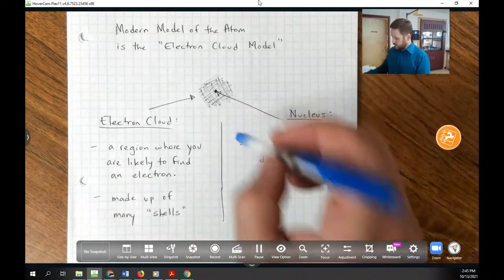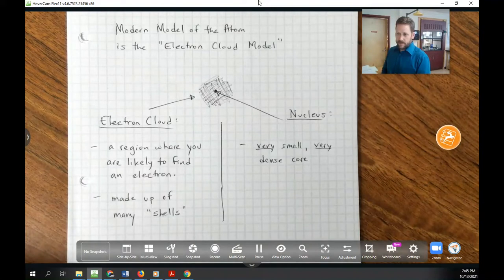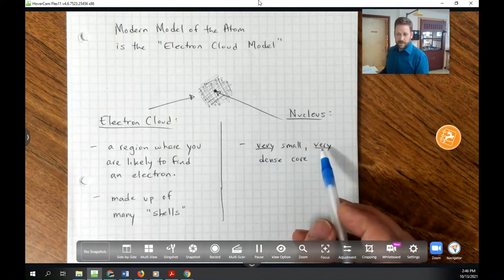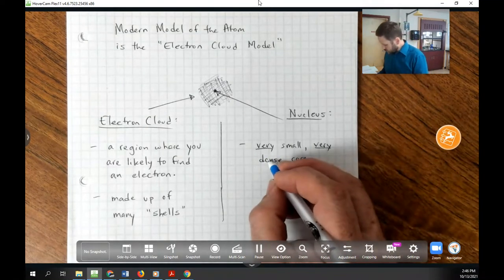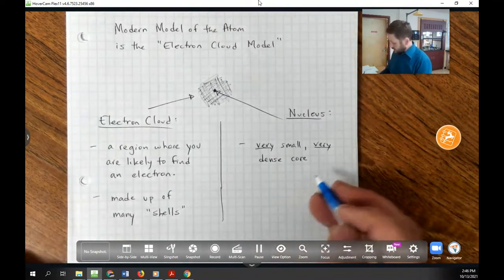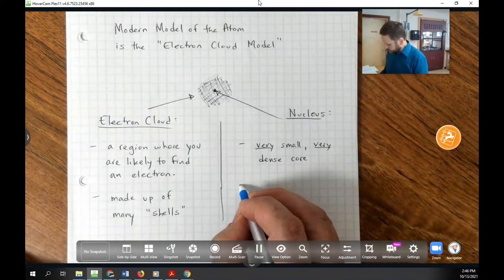So even if I just made the tiniest dot that I can make with my pen, it still would be much too large. There are some great analogies that we can make about the relative size of the nucleus to the relative size of the atom, but for now we'll just say, very small, very dense core. In other words, all of the mass of the atom is really concentrated in that very small volume.